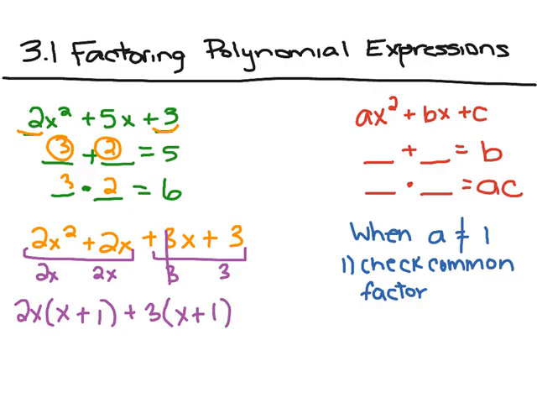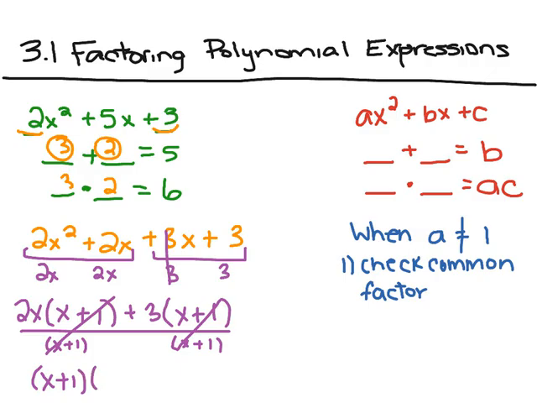If you find that the thing in your brackets, your binomial, is the same for both, you did this right. So we want to factor out now an x plus 1. If we factor out x plus 1 from both of these, this cancels and this cancels. So we're left with x plus 1 times 2x plus 3. And this is our factored trinomial.